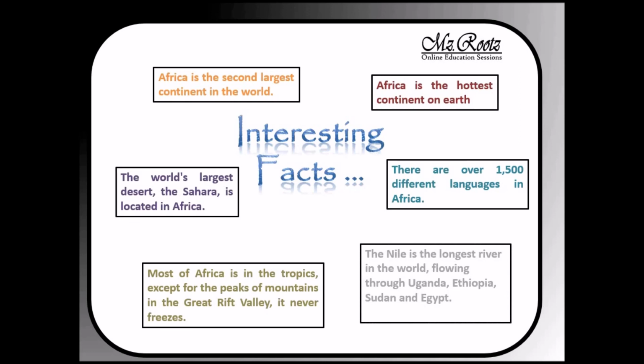And last but not least, the Nile is the longest river in the world, flowing through Uganda, Ethiopia, Sudan, and Egypt. Do you remember the source of the River Nile? Where is the birthplace of the River Nile? What is the name of that lake?